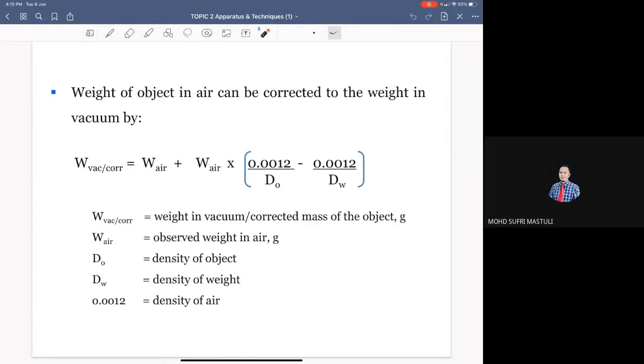The corrected mass of the object in vacuum is equal to the weight observed in air, plus the weight observed in air multiplied by the density of air over the density of the object, minus the density of air over the density of the weight.